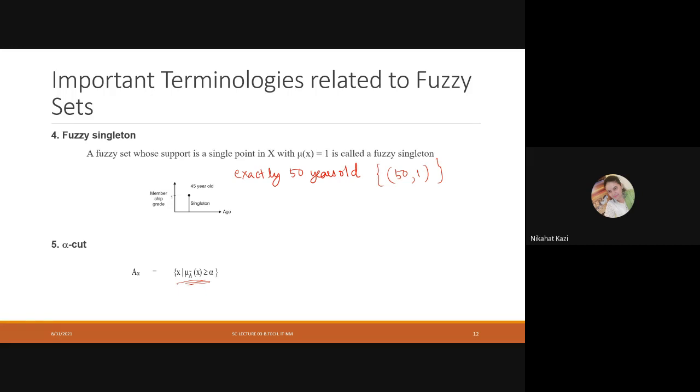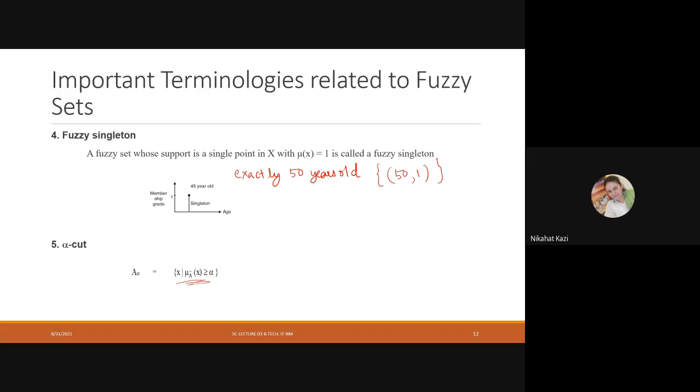The only difference is that the greater than or equal to sign becomes strictly greater than in the case of strong alpha cut. These are crisp sets defined from the fuzzy sets. We are talking only of the elements, the x values we are looking at.